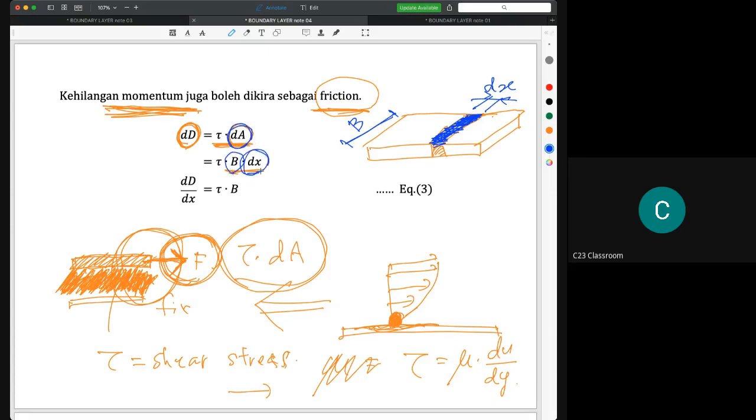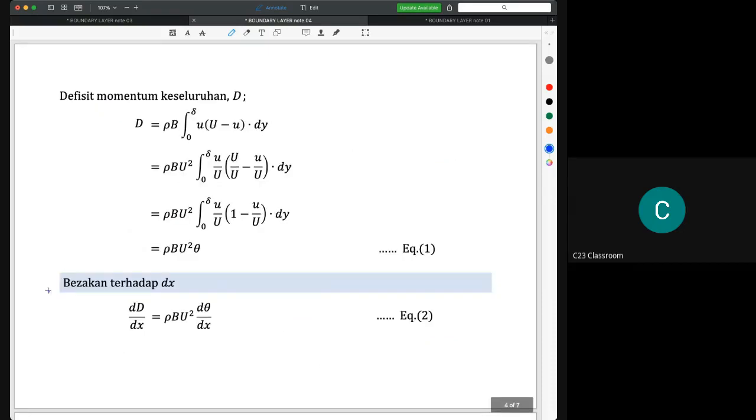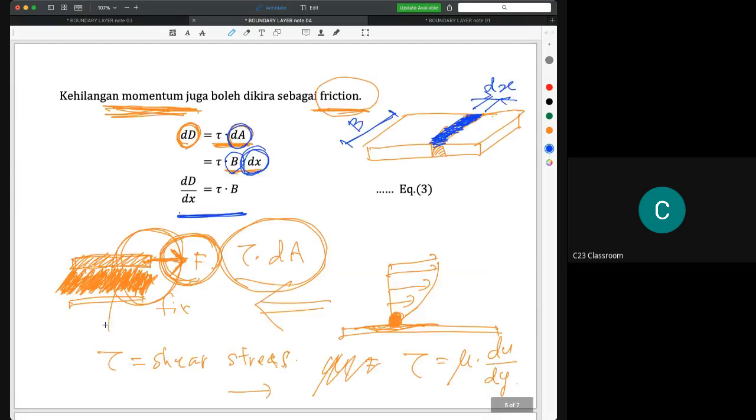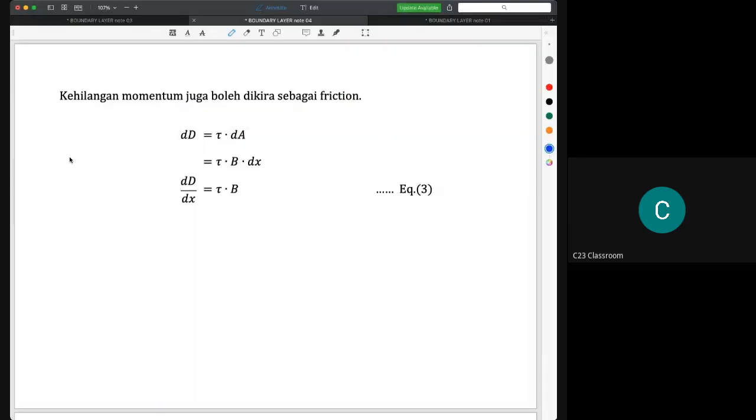Then we bring the dx to the left hand side, so we have dD over dx equal to tau b. That's why in this calculation we purposely differentiate this term to dD over dx, because it is easy for us to equalize these two equations. Finally we need to equalize equation 2 and equation 3. Here you already understood that the momentum loss is caused by friction.